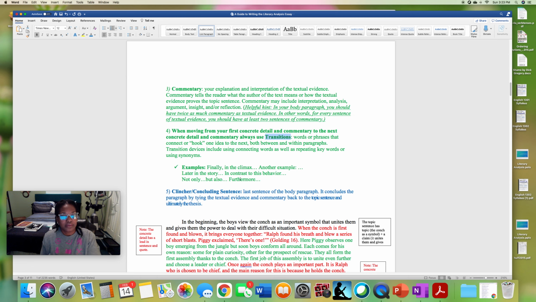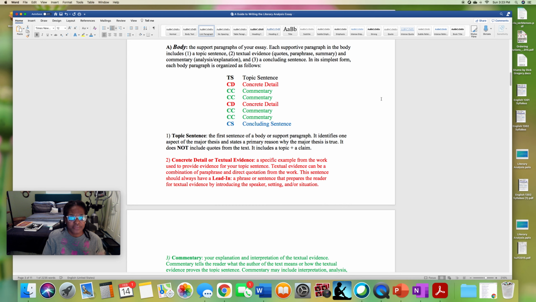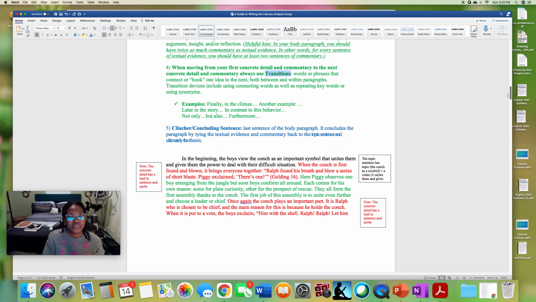the lead in, right? At the end, after you put your 2 pieces of evidence and your 2 commentary sentences, you're going to end that paragraph with what is called a concluding sentence or clincher sentence. That clincher sentence is ultimately going to refer back to the textual evidence and how it supports your topic sentence and ultimately your thesis.